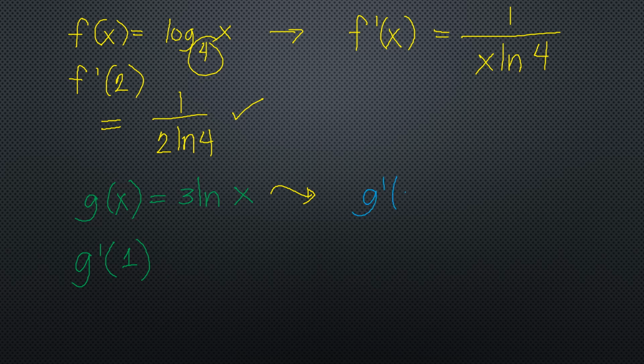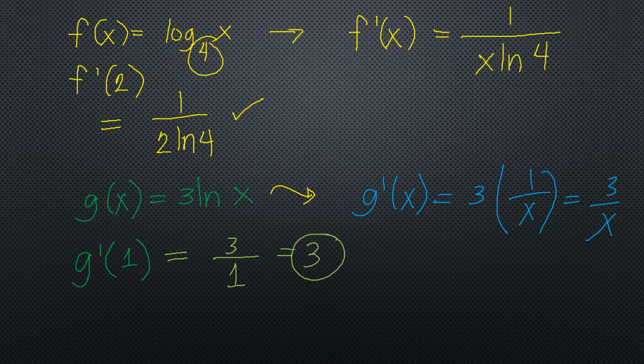So we have g prime of x is simply equal to 3 times, since you have to separate 3 using the constant multiple rule, and now get the derivative of ln of x, which is 1 over x. So that will be 3 over x. Now, after getting that derivative, that is 3 over x, you are now ready for the substitution. Let x be equal to 1, so we have 3 over 1. So the answer is 3.